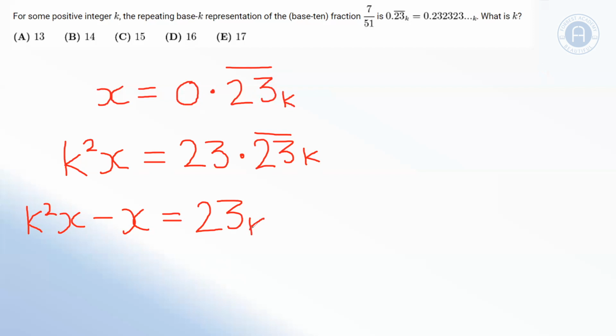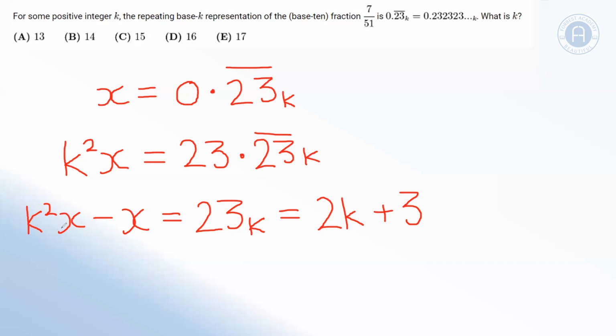The reason I'm saying 23 in base k, and not twenty-three, is because twenty-three is base 10, and this is base k. We can write 23 in base k as 2k plus 3, which is its base 10 representation.